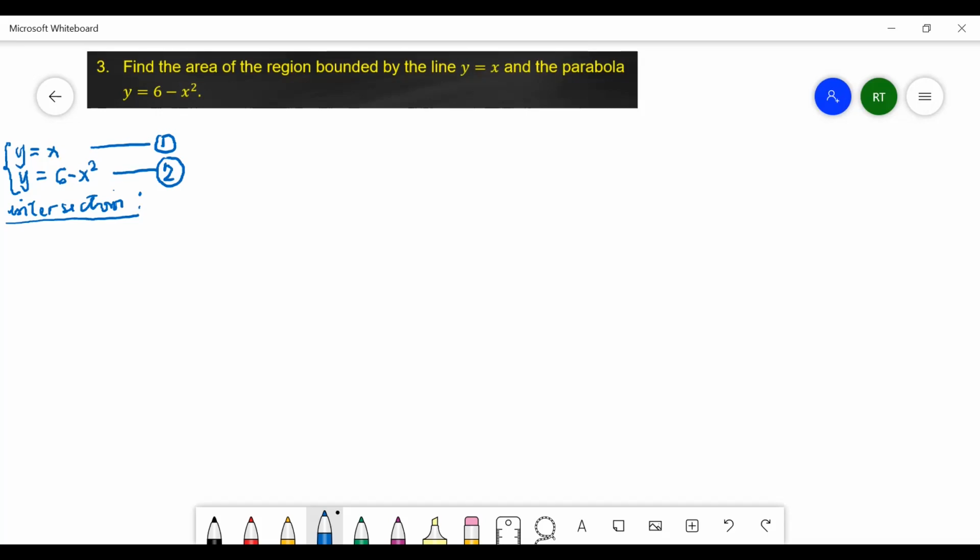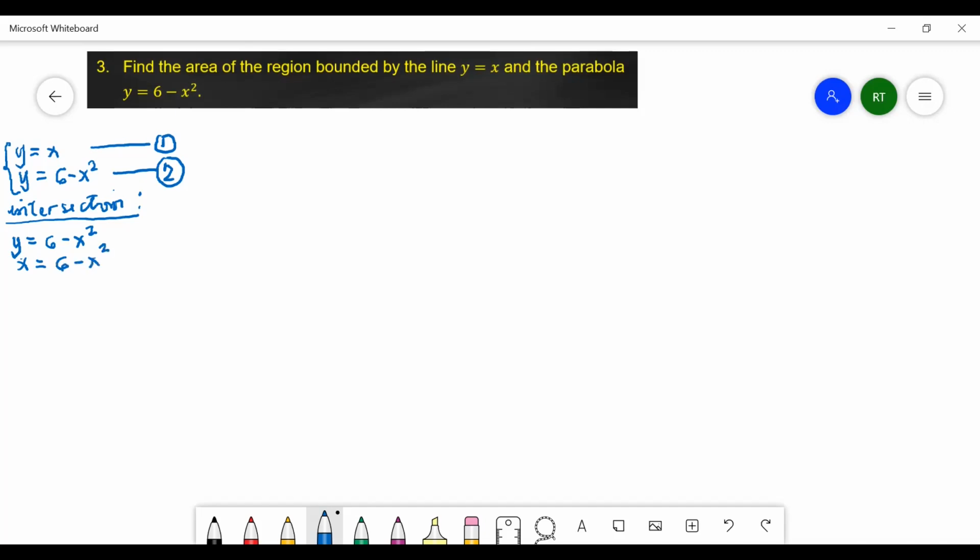Considering the parabola y is equal to 6 minus x squared, since the first equation is y is equal to x, we can replace y by x from equation number 1. So x is equal to 6 minus x squared.